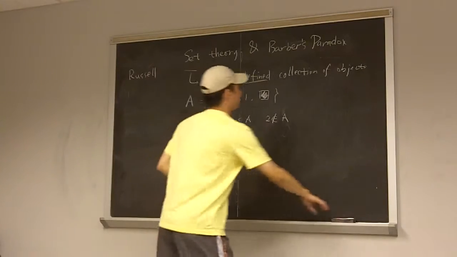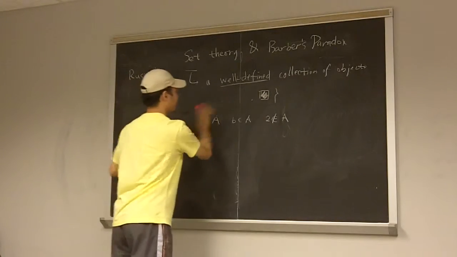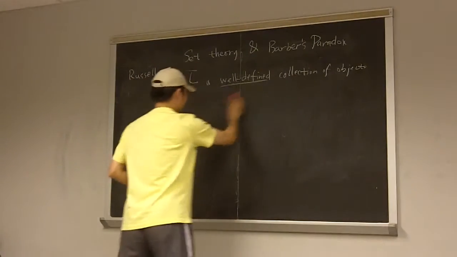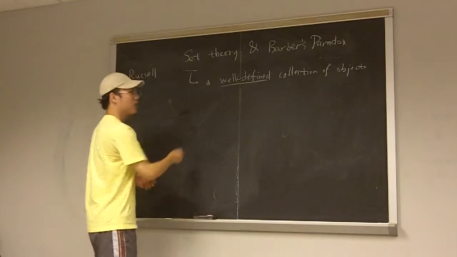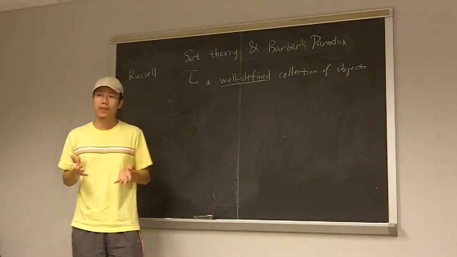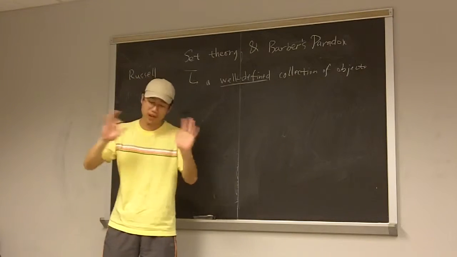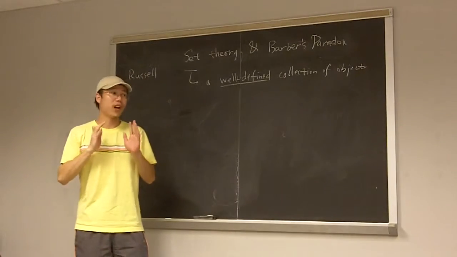So the Barber's paradox goes like this. Can I read this? Someone said there is a barber in a village who shaves, and only shaves, those men who do not shave themselves.